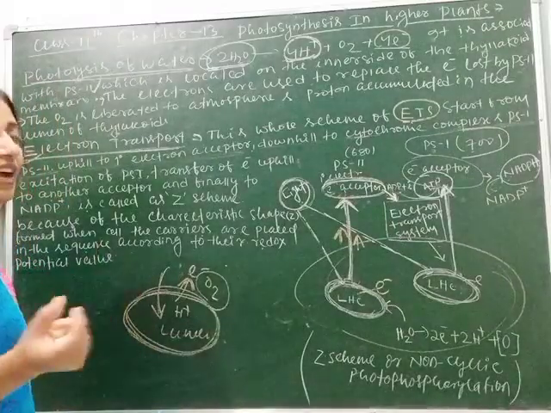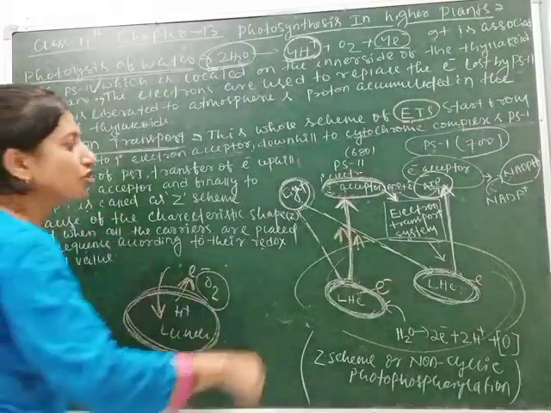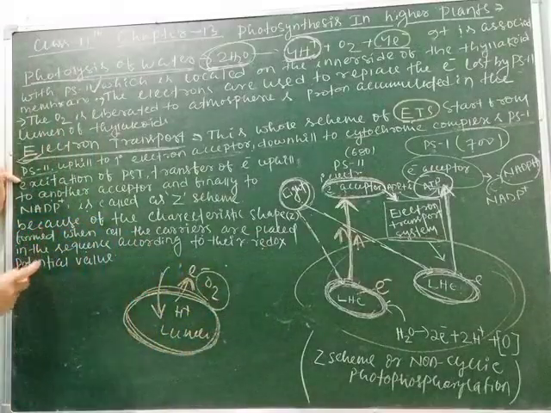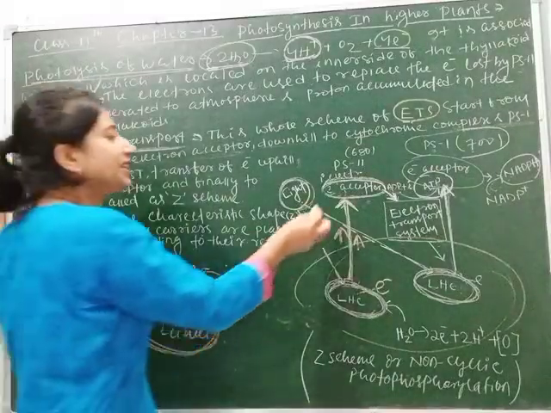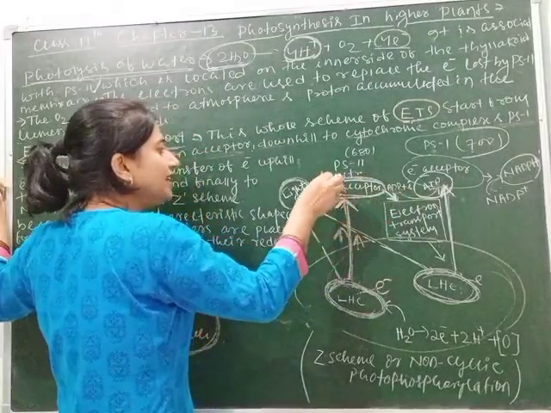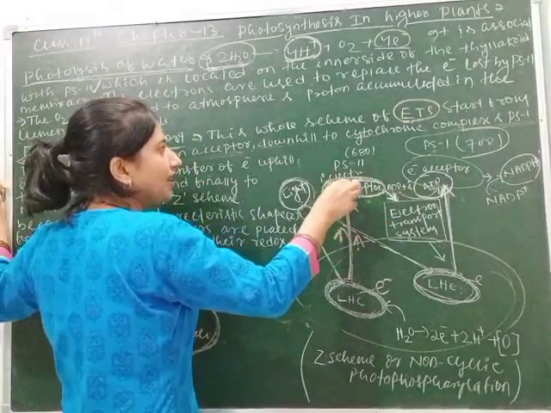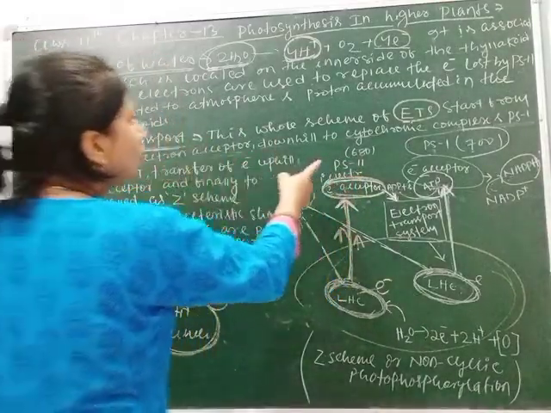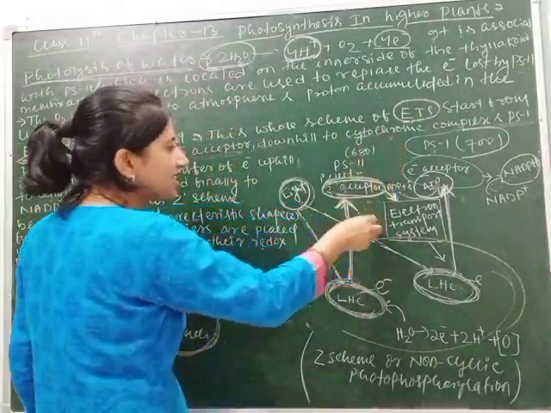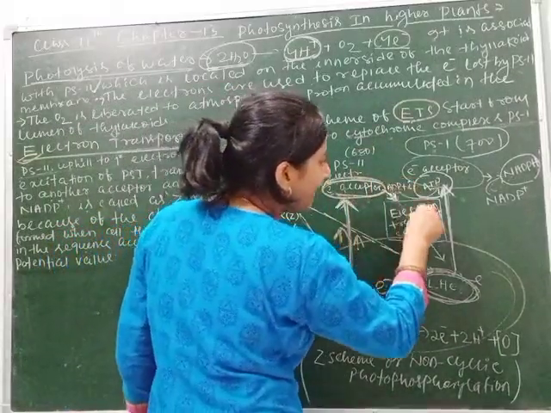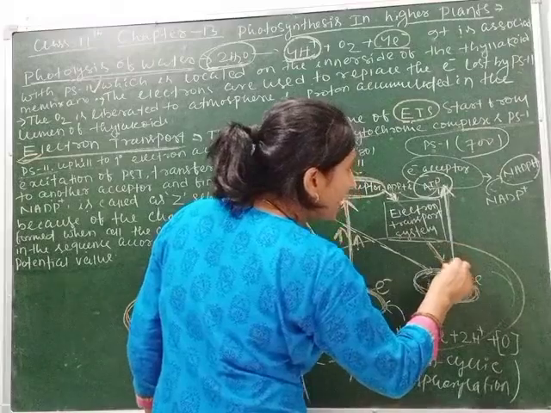Uphill means where energy is used to move these electrons upward to the primary electron acceptor. Here, when the electrons move upward, the primary electron acceptor accepts the electron, and then downhill to the cytochrome complex, meaning after accepting this electron, the electron comes downward again.